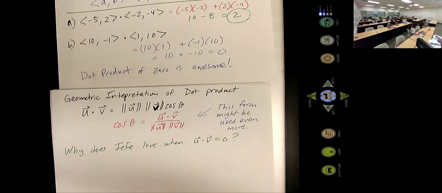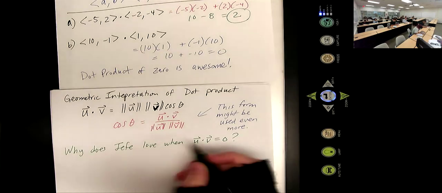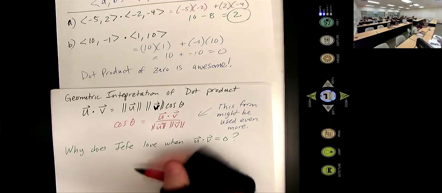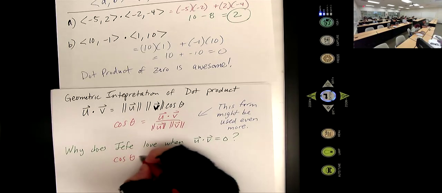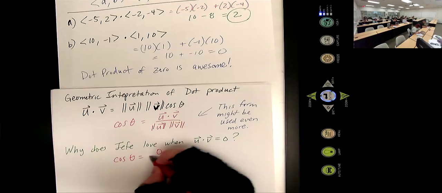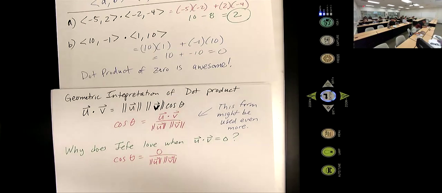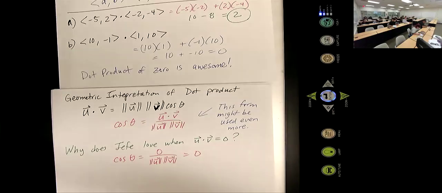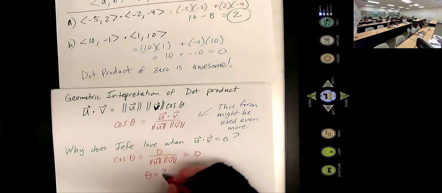If I plug it in up there, I've got cosine theta equals 0 over the magnitude of U times the magnitude of V. At this point, I don't care what the magnitude of U or V is. That's 0. So what angle is theta?